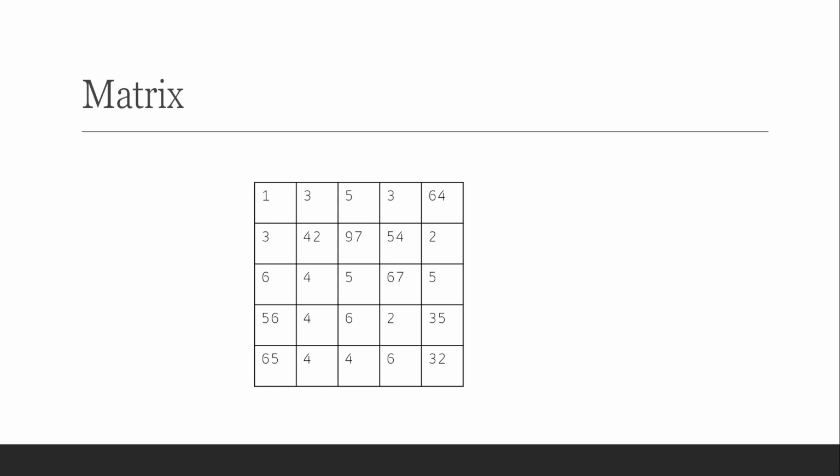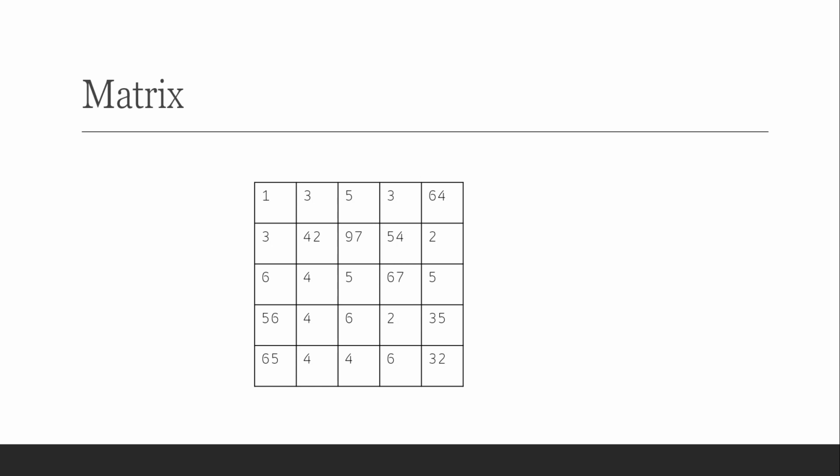And if you know a little bit about image processing, you know that the image is composed of pixels. And the pixel is basically one storage location that contains one number. This number represents the brightness or the color of an image. So you can imagine that this matrix here is one image.